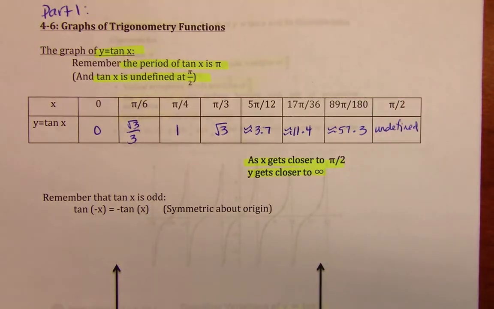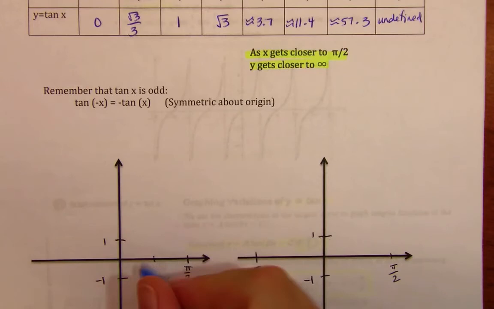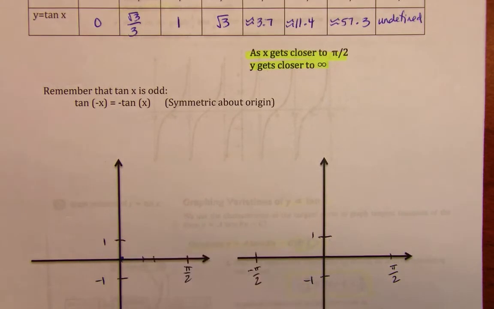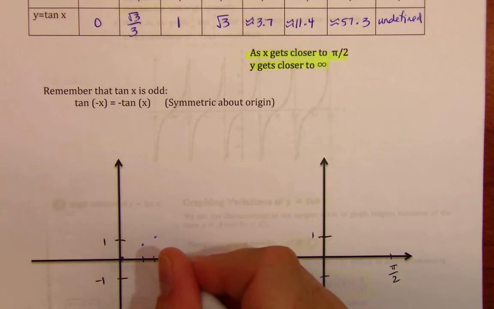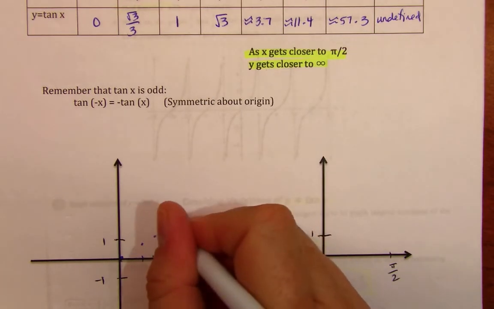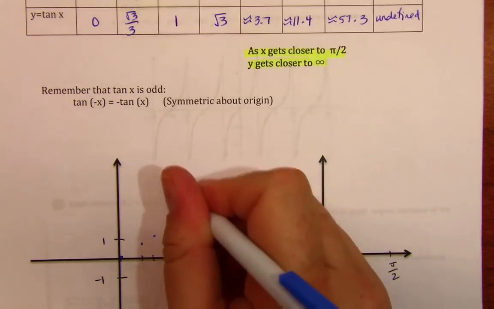Now what we're saying then, if we think about these values, in fact, let's go ahead and plot these values. We're looking at tangent of 0, tangent of pi over 6. Well, this is pi over 4, pi over 6 is about right here. And that was about root 3 over 2. Then we had 1, and then at pi over 3 we had root 3, and then we started getting these really big values.